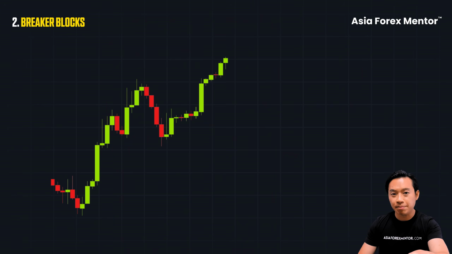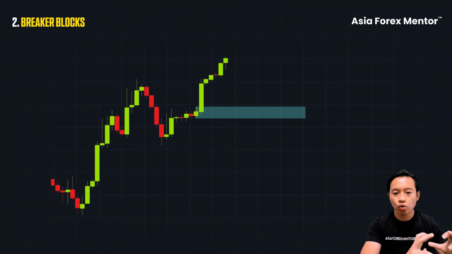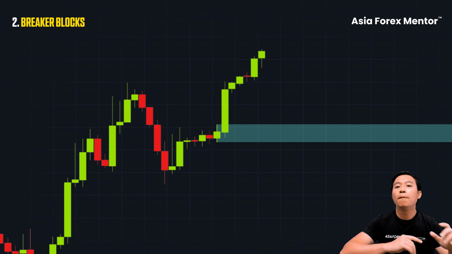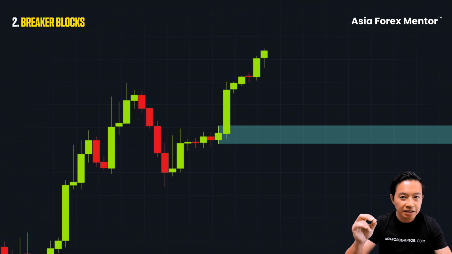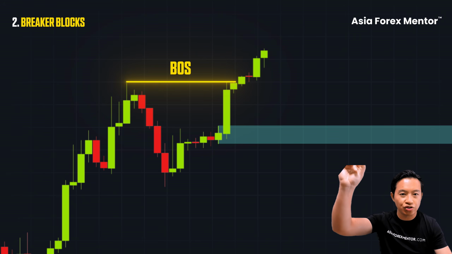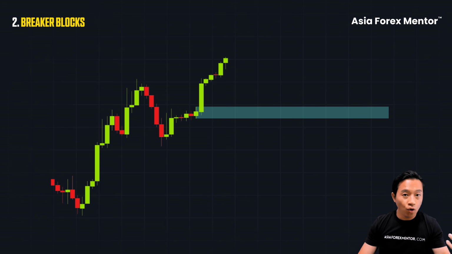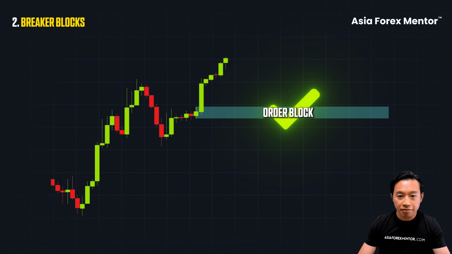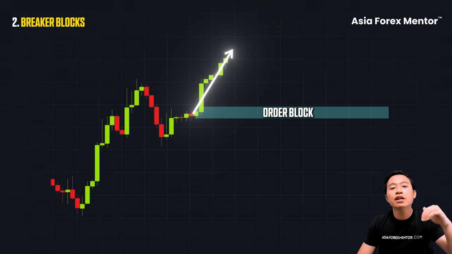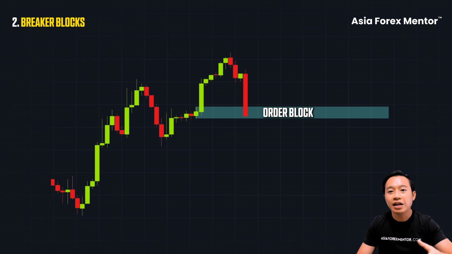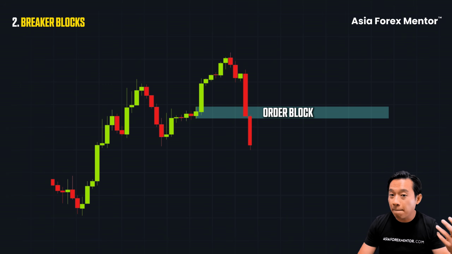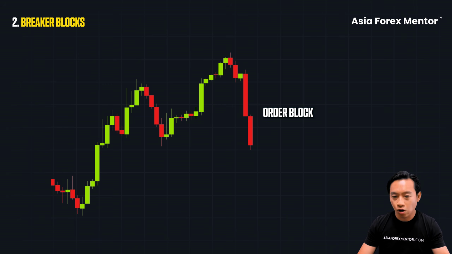All right, so now here's an example. We identified a bullish order block. Now, price surged up. It created an inefficiency and even broke the structure. So, by all rules, this is a valid order block itself. Now, instead of continuing higher, the market shifts, and the market comes down hard and breaks below the order block.